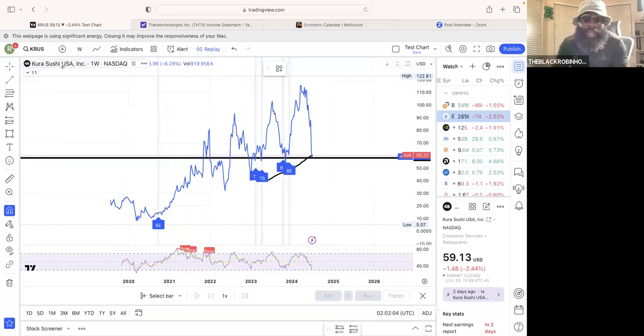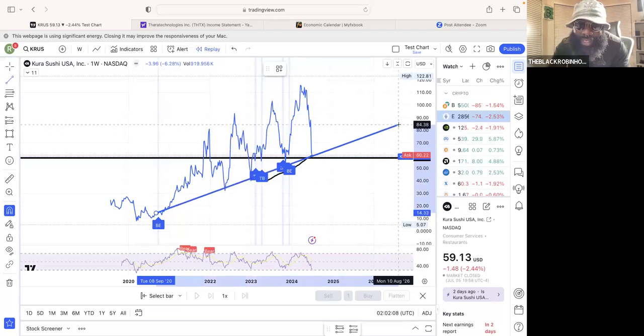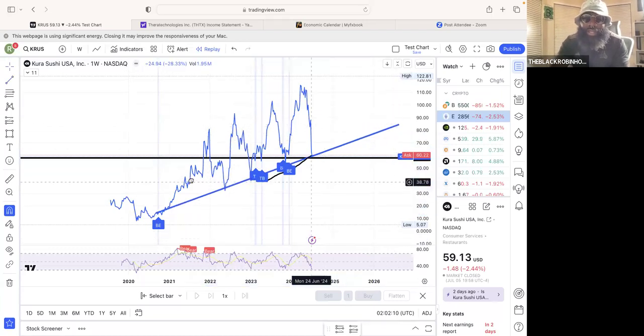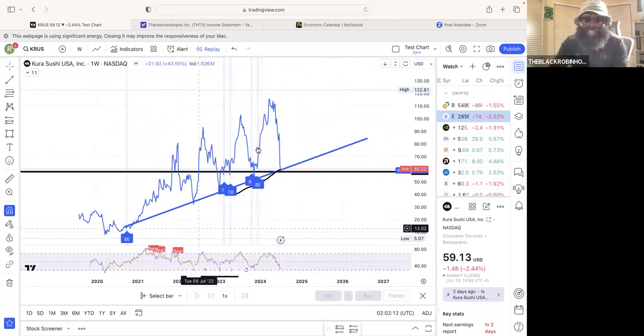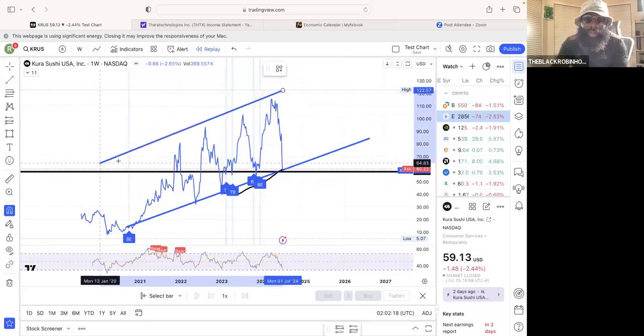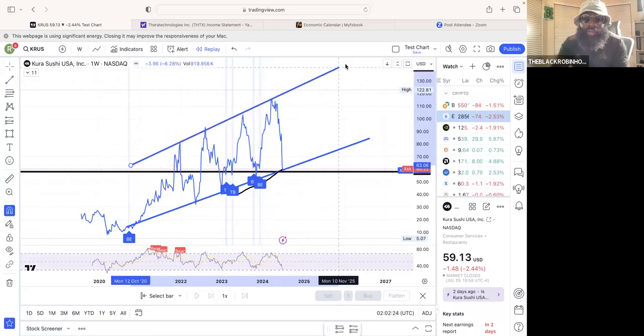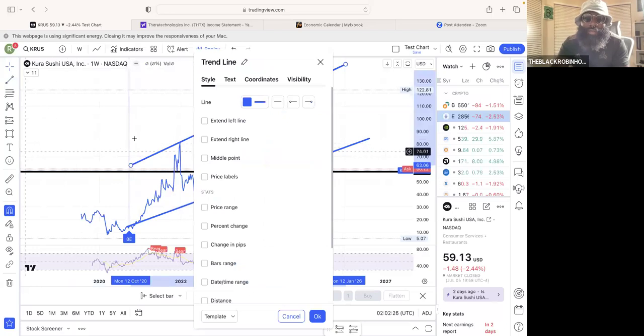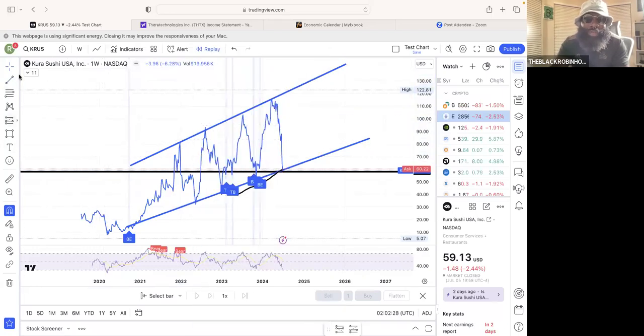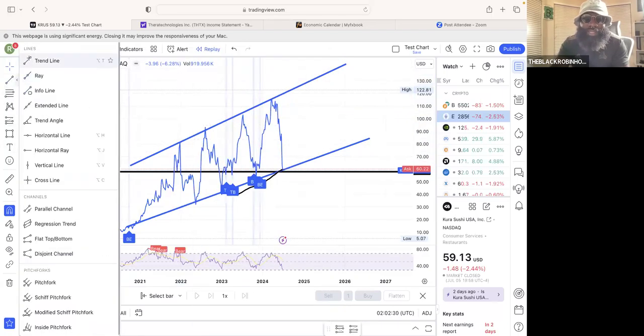If you draw a diagonal trend line like this, you see how it's moving, right? So if this trend follows, it should do something like this.